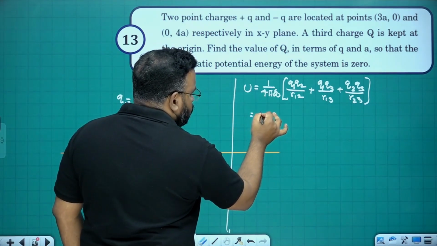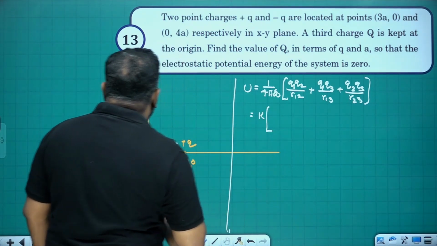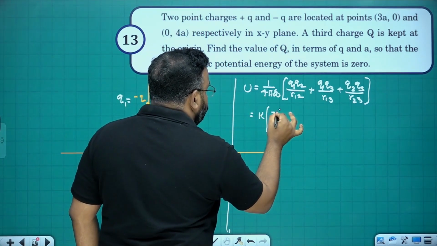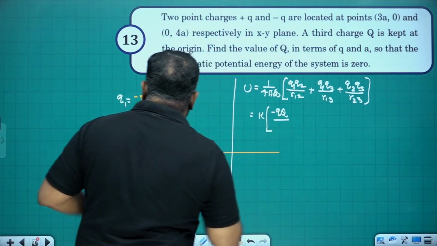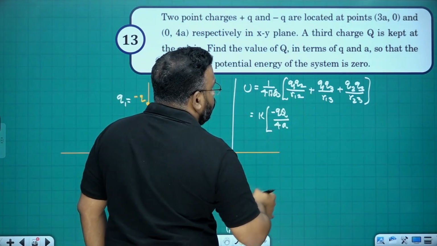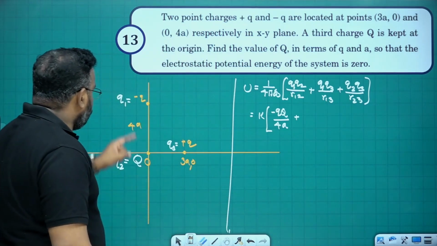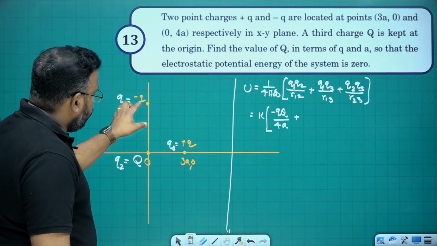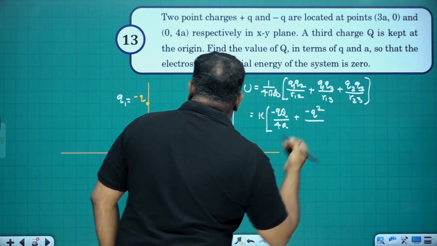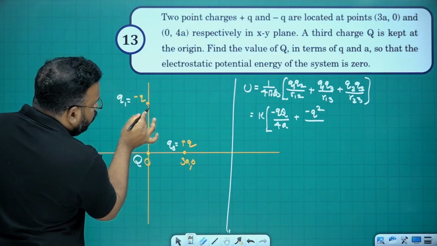Now it is equal to this constant, let us take k, into minus q into plus q divided by the distance between q1 and q2, which is 4a.